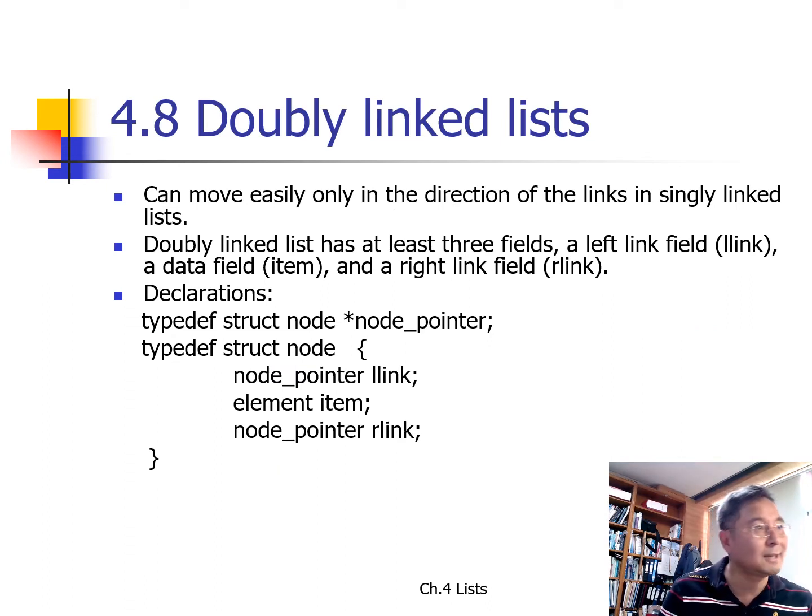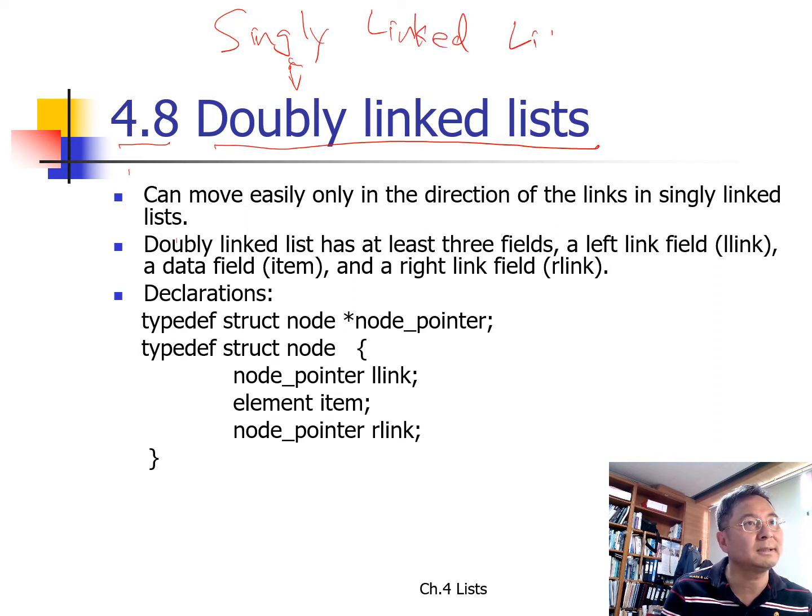And the last section of chapter 4 is 4.8, doubly linked list. Okay, the previous one was the singly linked list. Singly linked list means that there is only one link field in the node.